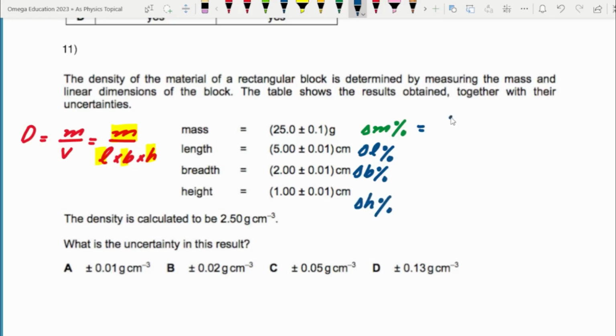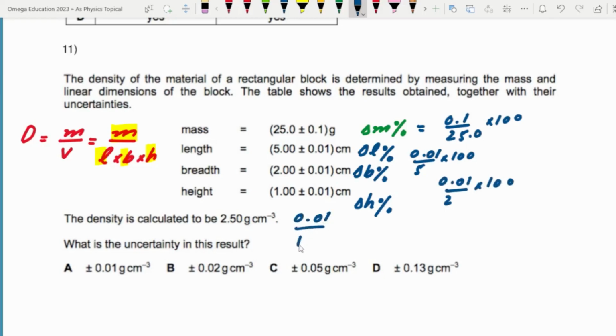So for the first one, we'll be having 0.1 divided by 25.0 times 100. For the second one, you have 0.01 divided by 5 times 100. For the third one, you have 0.01 divided by 2 times 100. And for the last one, you have 0.01 divided by 1 times 100. Then you hit all of them on the calculator.